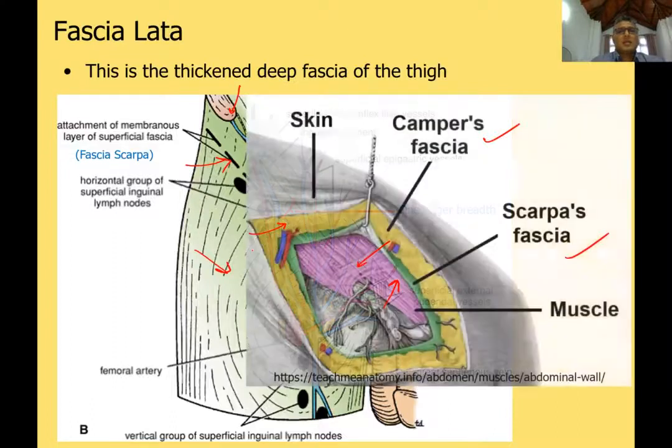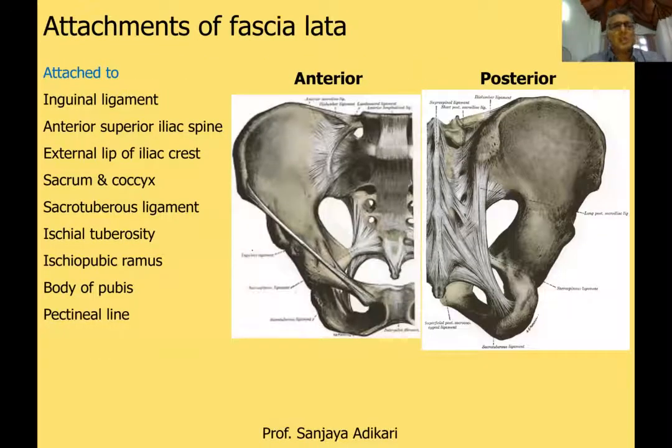Then about the other attachments of fascia lata: as I said before, it is attached to the inguinal ligament, and therefore the anterior superior iliac spine, and the attachment continues on the iliac crest, the outer or external lip of the iliac crest, because deep to the attachment of fascia lata, you get the anterior abdominal wall muscles attached to the iliac crest.